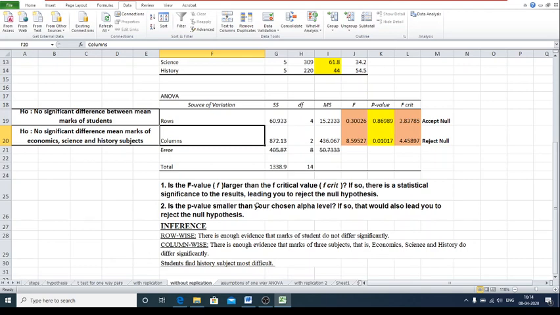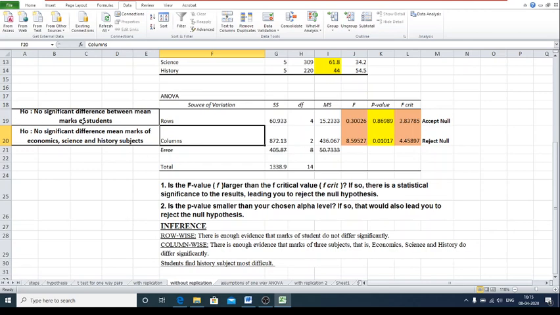If the F value is larger than F critical, then reject null, and if p value is less than alpha, which is 0.05, then reject null. Here F value is less than F critical, so accept null. P value is more than alpha, so accept null.